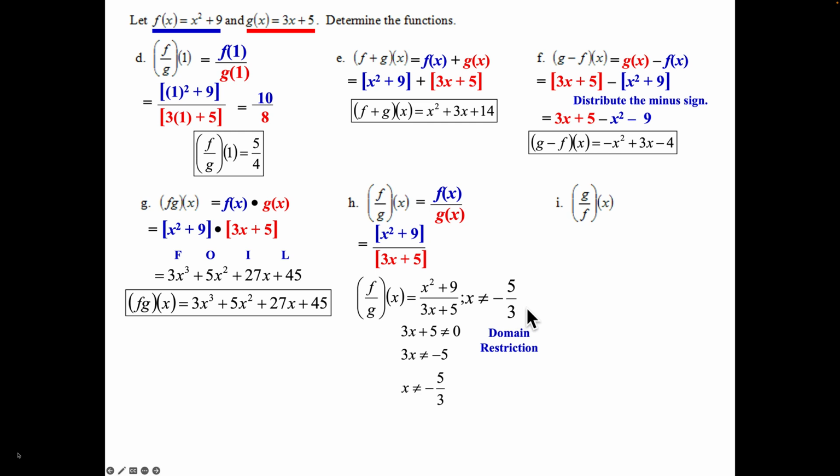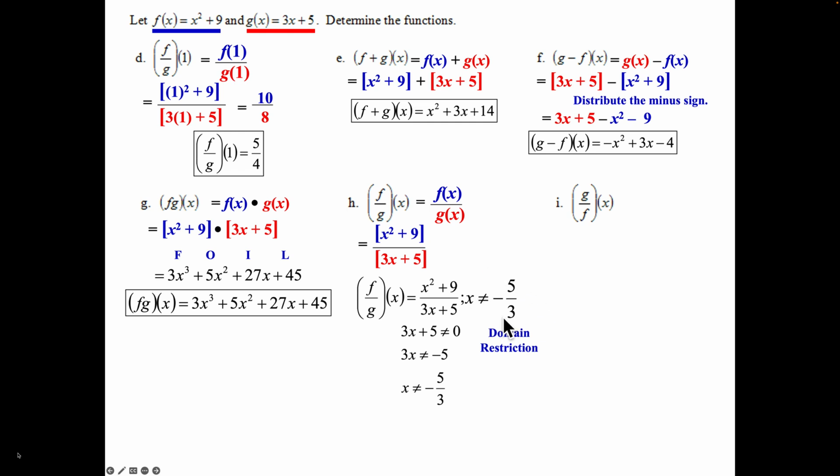Now, what I don't like about your homework is that they obviously want to write small amounts of computer code. So they'll ask you for what is f of x divided by g of x. They'll put this answer in. Then they'll have a follow-up question: what is the domain of f of x over g of x?